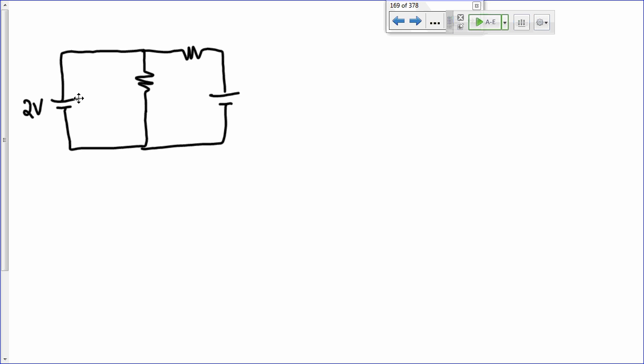That one's pretty simple. It's 3 volts, 1 ohm, 2 ohms. It's pretty simple. Yours could be a little more complicated than that. Maybe an extra resistor thrown in there, an extra battery. But one thing that it will have is that it will have one branch of the circuit that doesn't have a resistor. So that makes the algebra a lot easier.